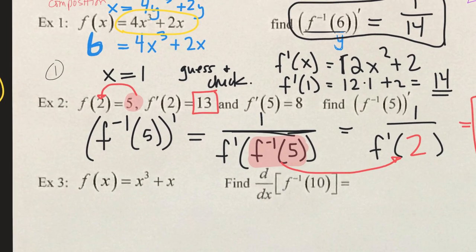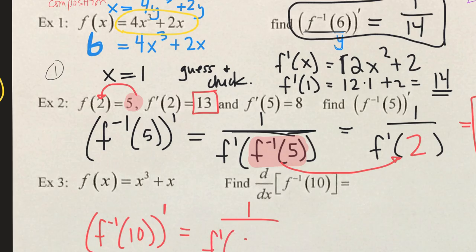Okay, so here we have x cubed plus x, and I want to find f inverse of 10's derivative, right? Derivative when f is 10. So f inverse of 10 prime equals 1 over f prime of f inverse at 10.